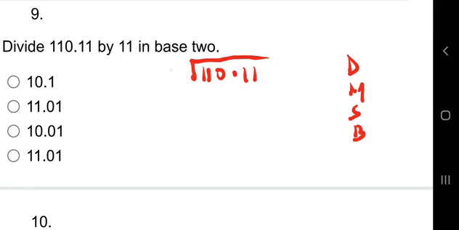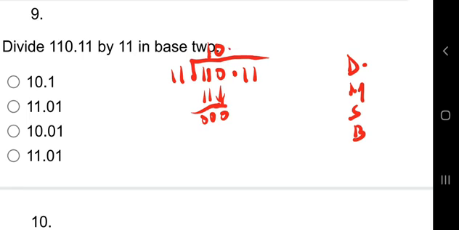We have 110.11 divided by 11. So 11 can go into 11, that gives us 1. 1 times 11 gives 11. So that gives us 0. So we bring down a 0. The next thing we divide, 0 divided by 11 gives us 0. We bring down the next digit, and the next digit is the decimal point.